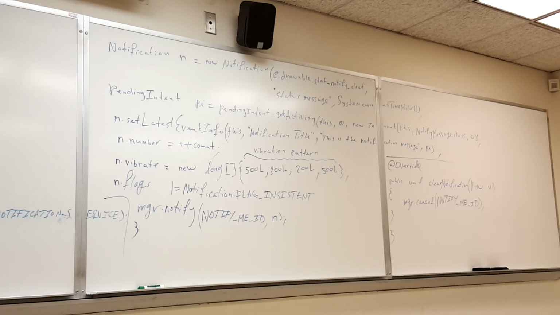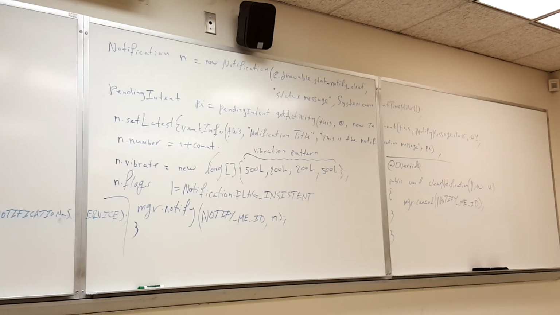But now you could specify some other attributes, like n dot LED RGB equal Color dot GREEN. What does it do? It sets the color to green. So it's a green color blinking, right?